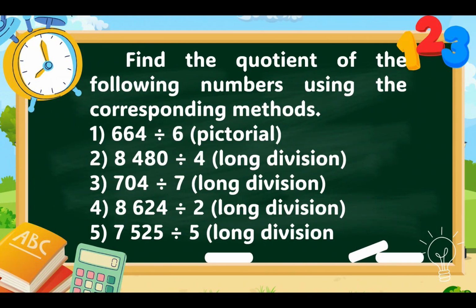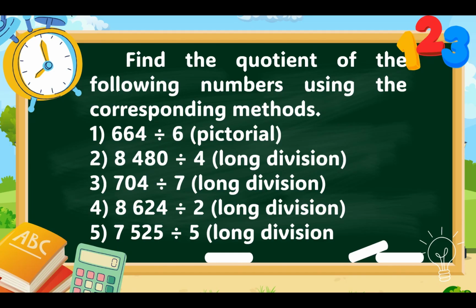Now let's find the quotient of the following numbers using the corresponding methods. For number 1, you'll use 664 divided by 6, pictorial representation. Number 2, 8,480 divided by 4. And number 3, 704 divided by 7.